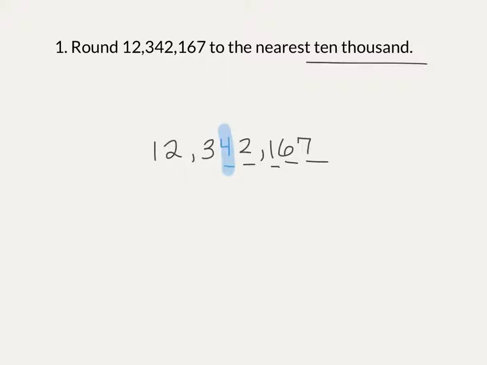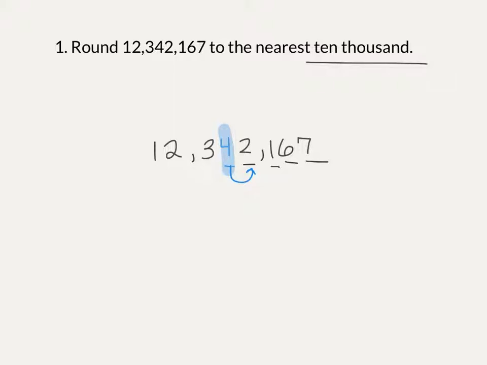Now we want to identify the digit to the right of the place that we want to round. So we're going to look at the digit to the right of the 4, which is a 2. If the digit to the right of the digit that we want to round is less than 5, then we'll keep the digit as is.